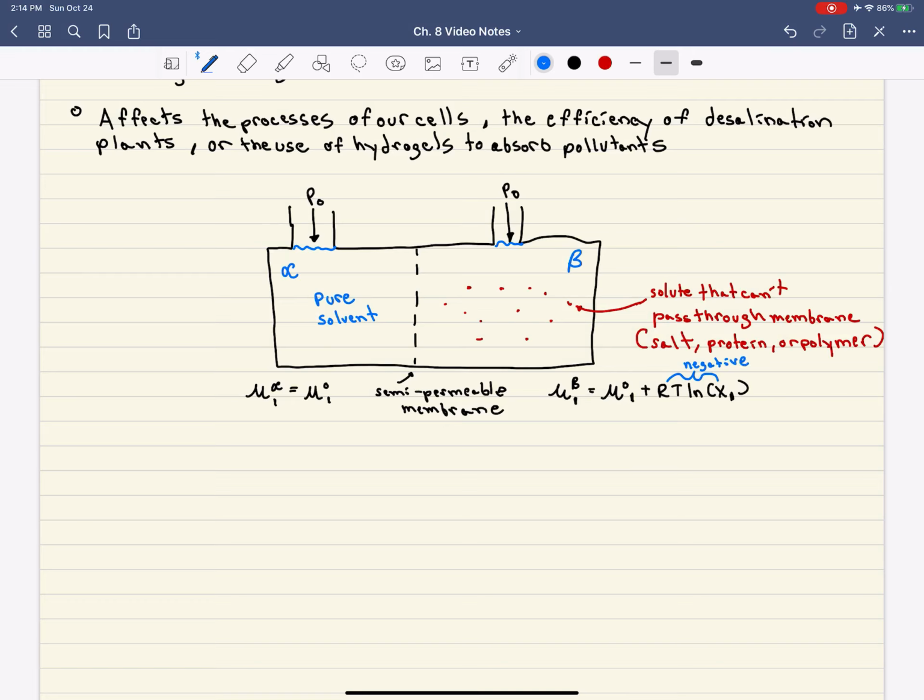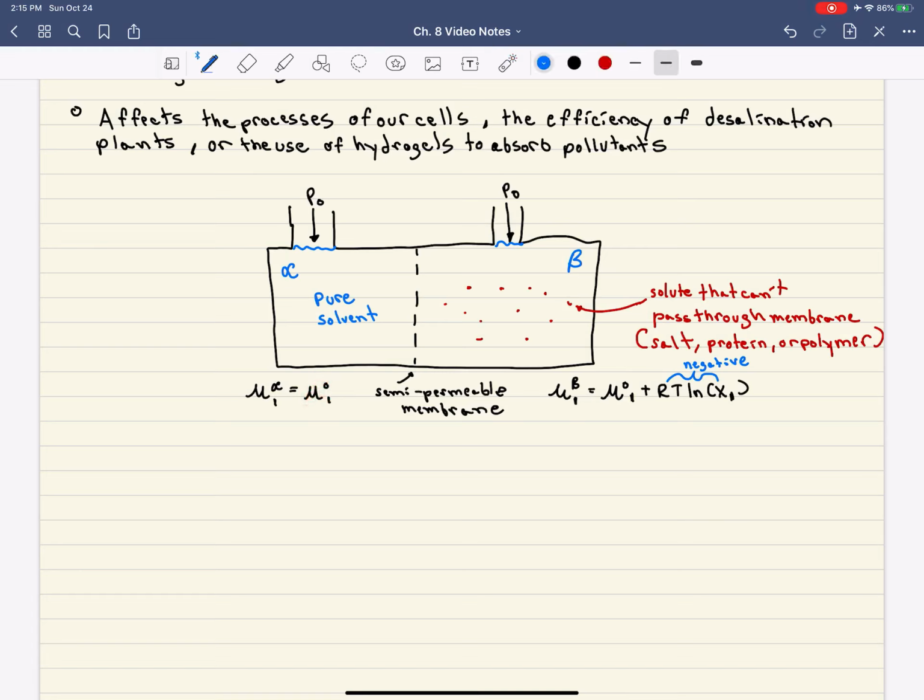And so, if this is negative, this will subtract off the pure species chemical potential, making mu1 beta less than the pure species chemical potential. Okay? At the same time, the alpha phase, we didn't do anything to that, so its chemical potential is still equal to the pure species chemical potential.